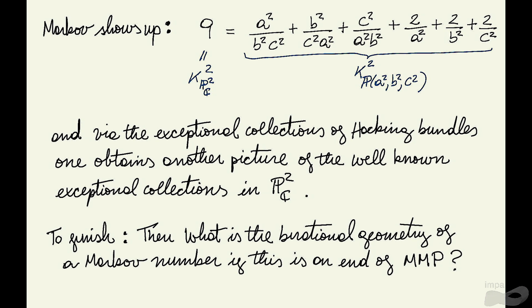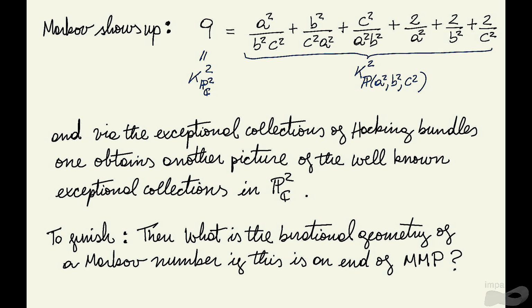How does this Markov equation show up? Well, I told you that K squared remains constant. So K squared for the projective plane is 9, and you can do the computation for this other weighted projective plane, and you obtain this number, you simplify, and you see the Markov equation. That is how it appears.